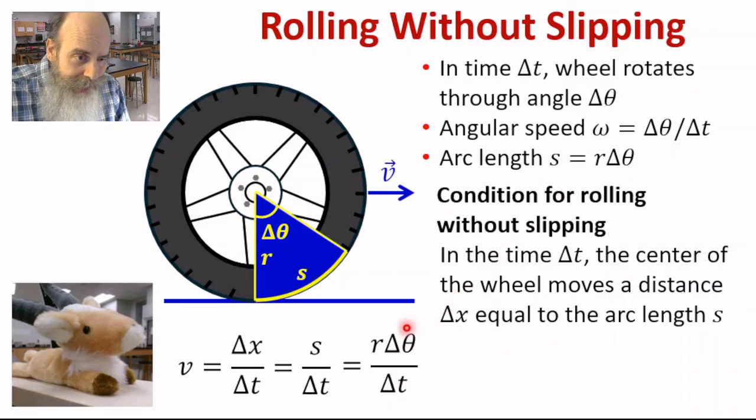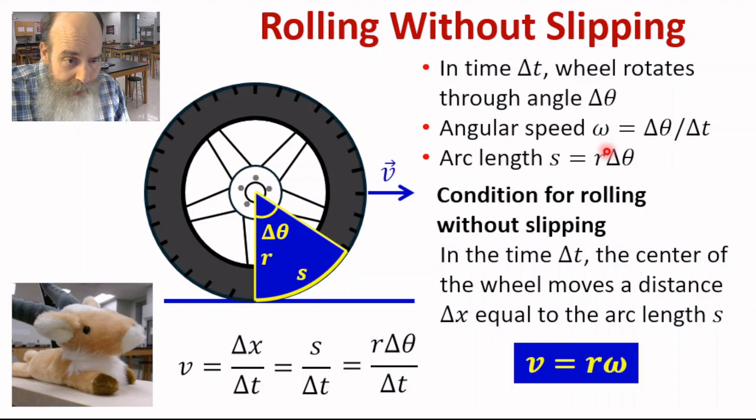But look at this. Delta theta over delta t is the angular speed. So we get that v equals r omega. This is a relationship between translational velocity and angular velocity if the wheel rolls without slipping.